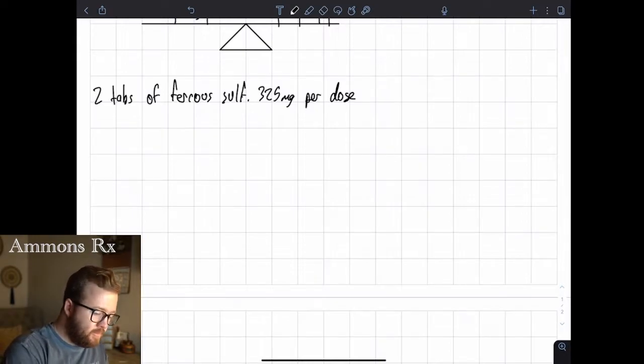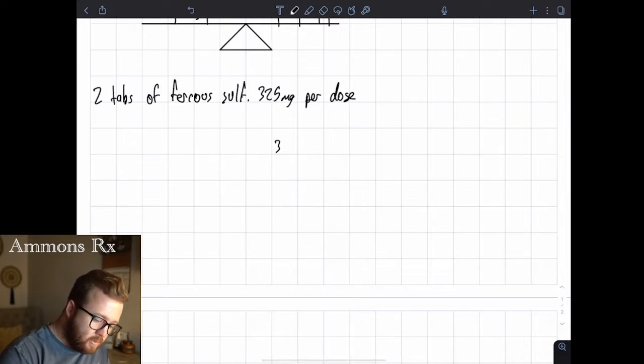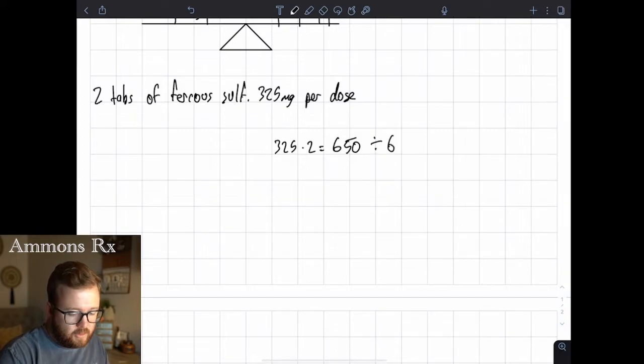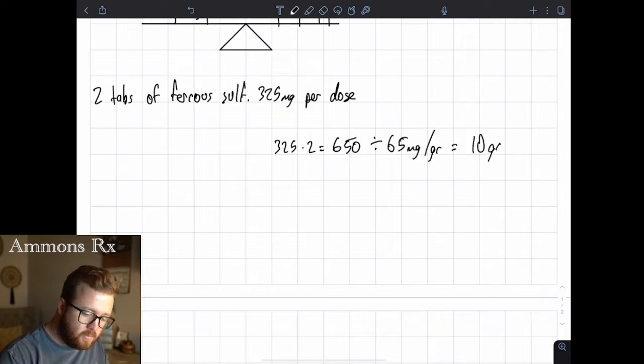So we need to take 325 times 2 because he's taking 2 of them. And reach into the depths of your brain and tell yourself that there are 65 milligrams in 1 grain. And that would be 10 grains. Okay.